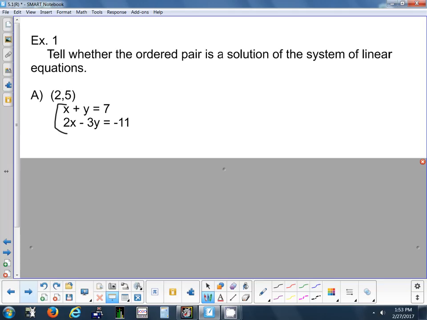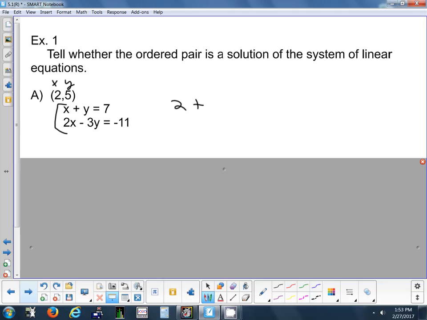Let's just start by identifying what's x and y in the point 2, 5. Kyle? The 2 is x and the 5 is y. Which equation do I have to check this in? The top? Do I have to check this point in the bottom? Or do I have to check it in both? I have to check it in both. So we're going to replace x with 2.